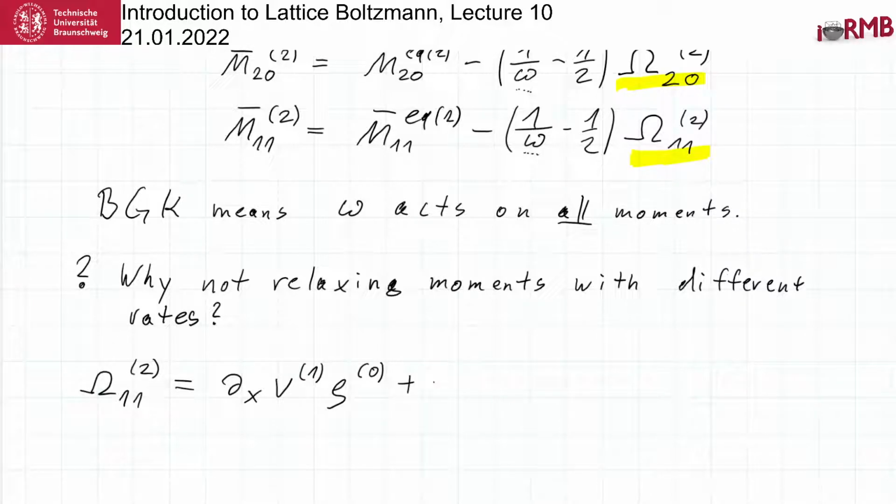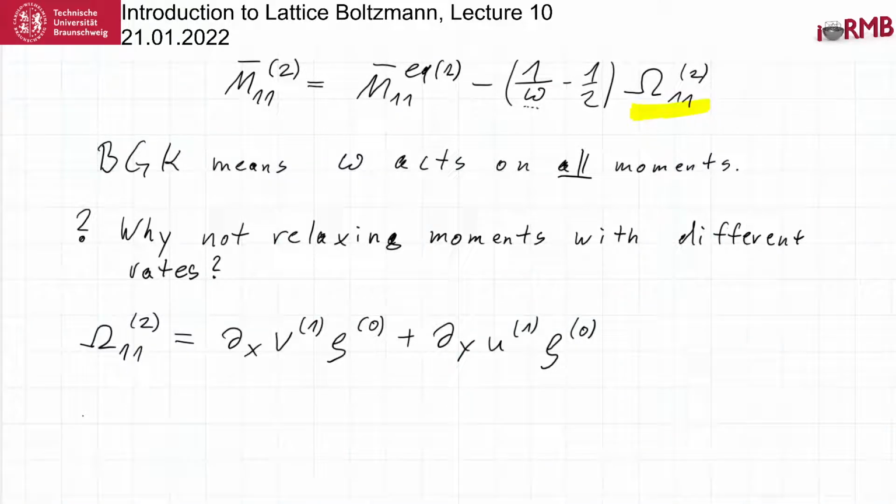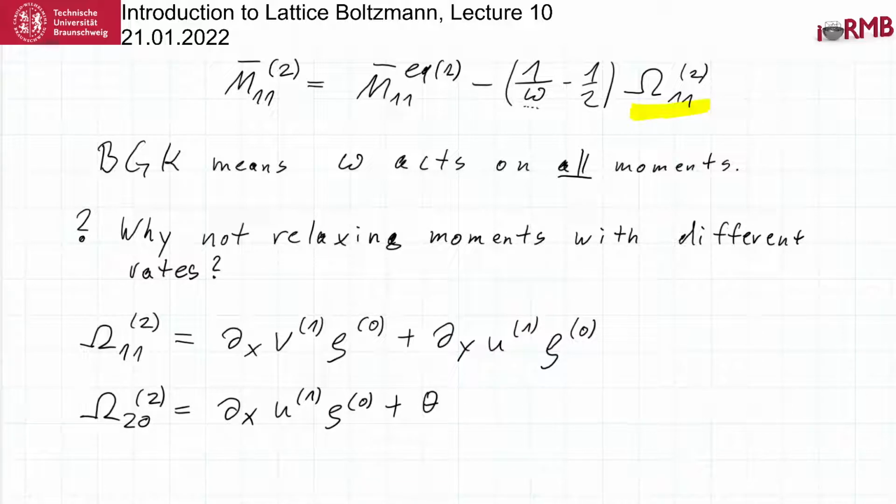So I just write them down. This omega 0,2 is dx u1 over rho 0 plus theta dy v1 over rho 0.